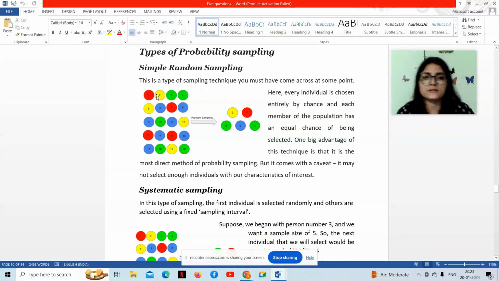Suppose I have taken 2, then randomly I have taken 13, then 18, then 6, then 10. We can choose any random sample from the population. The big advantage of this technique is that it is the most direct method, but it comes with a caveat: it may not select enough individuals with the characteristics of interest. So simple random means selecting individuals from the population randomly.